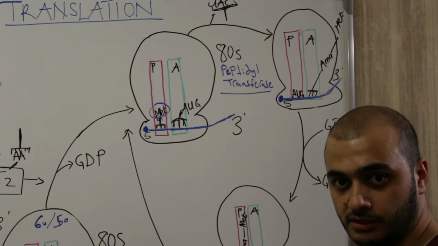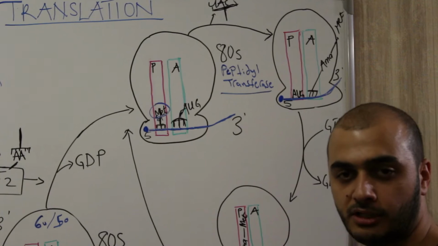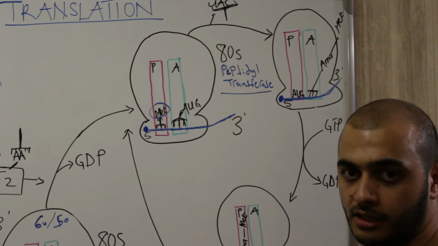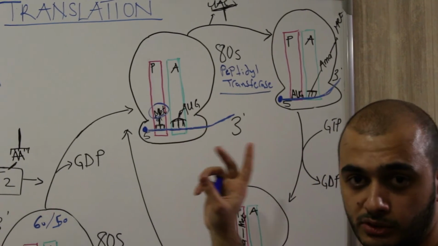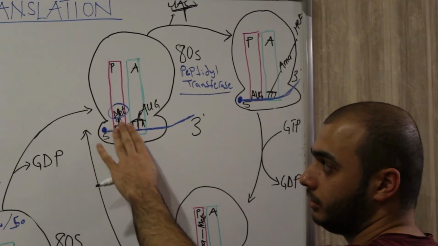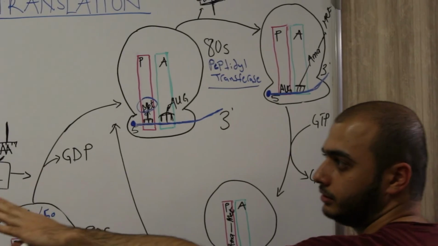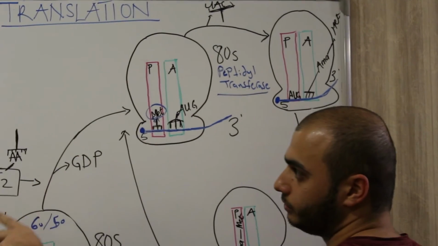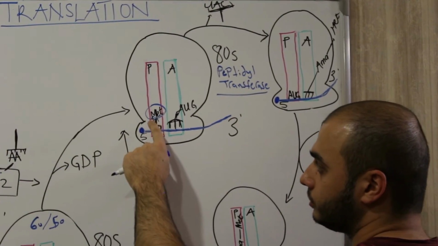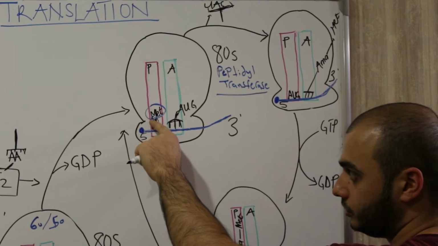Formation of a new peptide bond needs energy, but there will be no utilization of new ATP, because we already took ATP when we aligned. I will tell you later. So there is already an energy bond here.